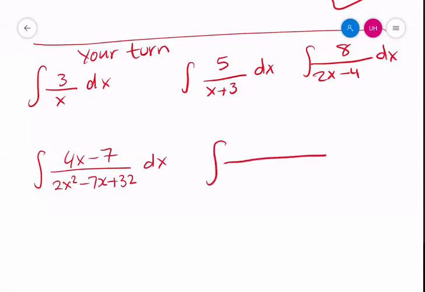Integral of 18x squared plus 15x over 2x cubed plus 5x plus 5 dx.